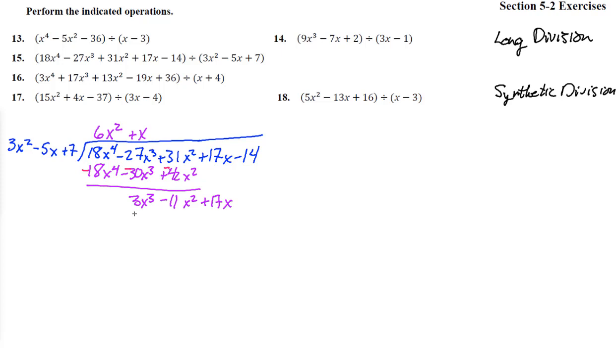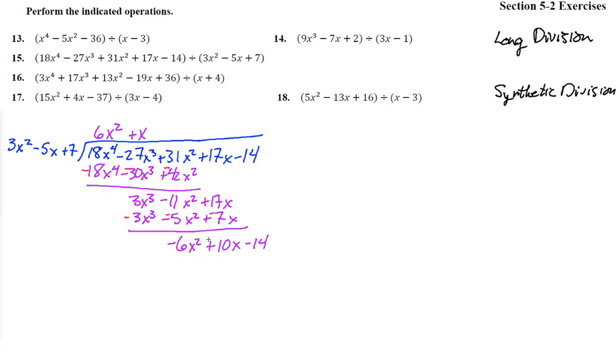X times this whole thing would be 3x cubed minus 5x squared plus 7x. And then, don't forget, subtract every time. So we're at gone. Negative 11 minus a minus 5, that's negative 11 plus 5, that's negative 6x squared. 17 minus 7 is plus 10x. And then drop down the last one, minus 14.